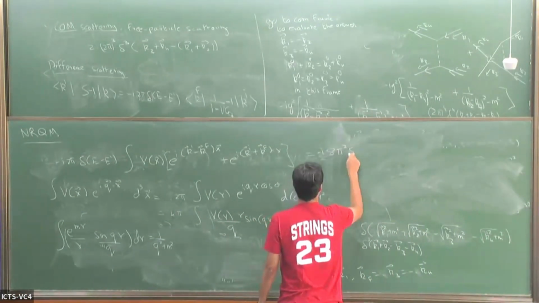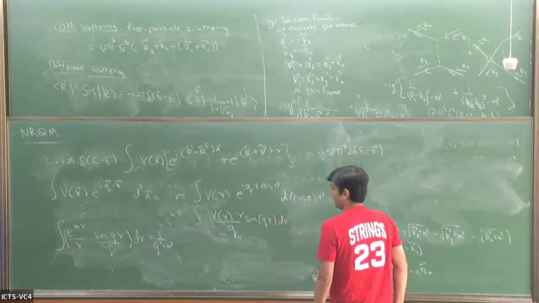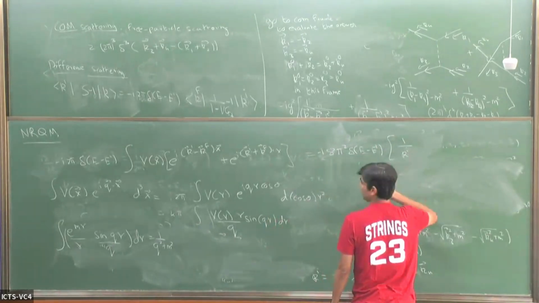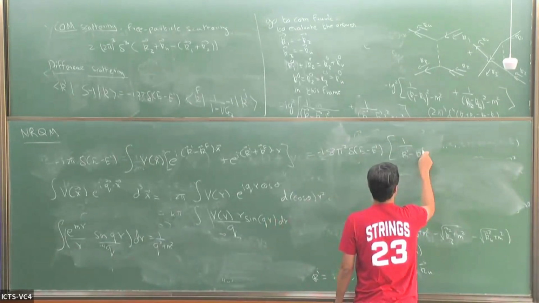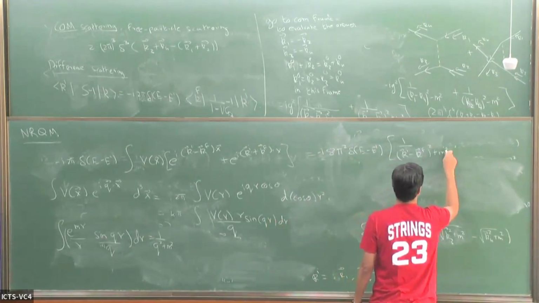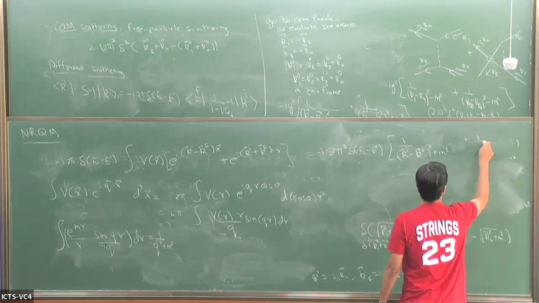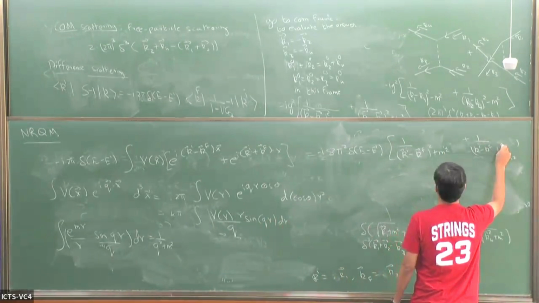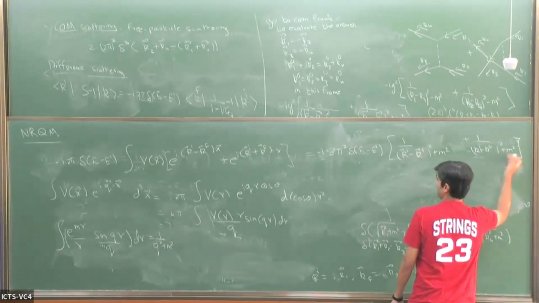minus I delta phi minus E prime, 1 by (Ki minus Kf) the whole squared plus m squared, plus 1 by (Ki minus Kf) the whole squared plus m squared.